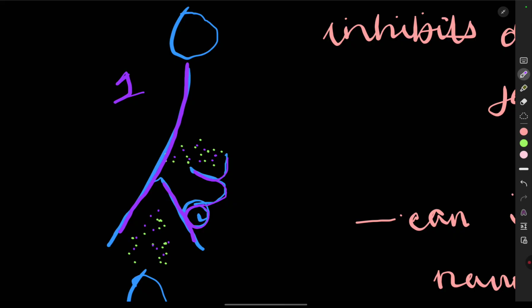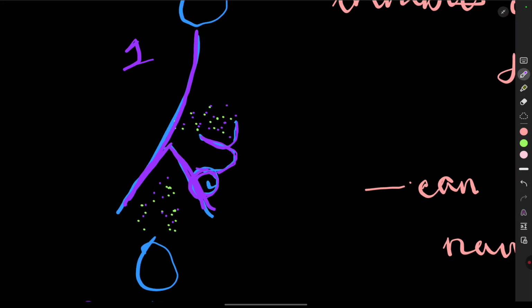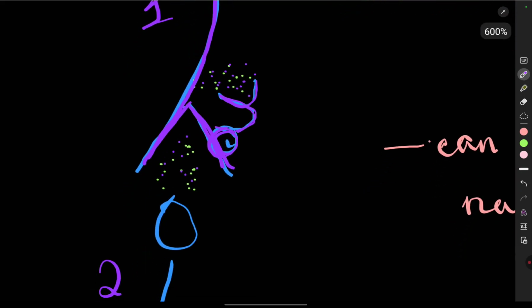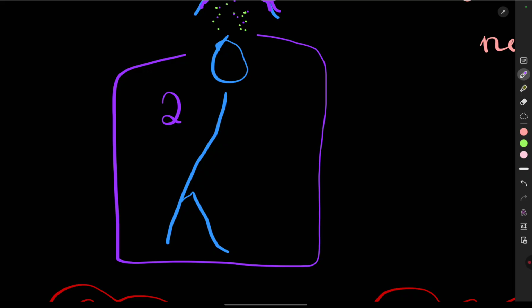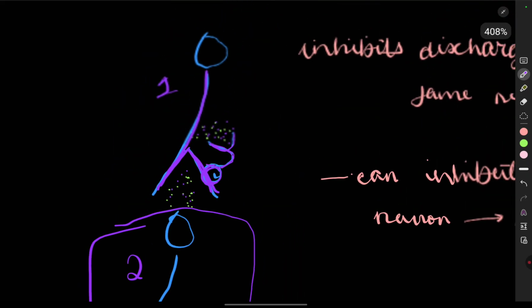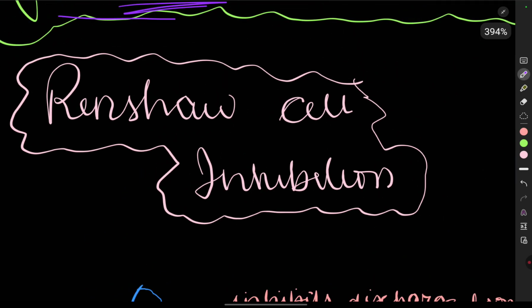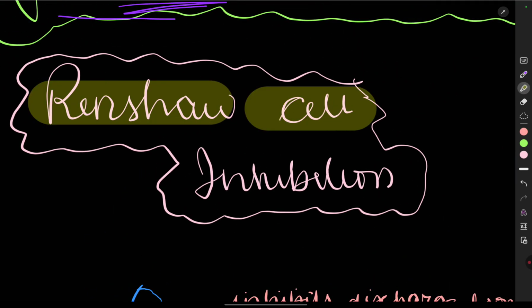This Renshaw cell inhibition is a feedback inhibition, in which the cell is present on the presynaptic neuron itself and releases a chemical that causes the first neuron to reduce the release of the neurotransmitter or completely inhibit. So the second neuron will not get excited. The action potential, the synaptic potential and the changes will not occur in the second neuron. So this is a form of inhibition which we call the Renshaw cell inhibition.